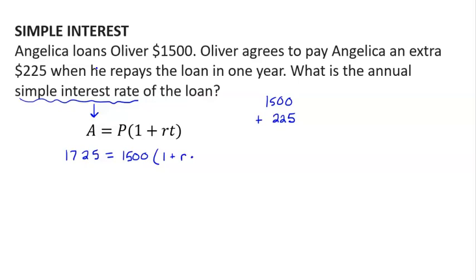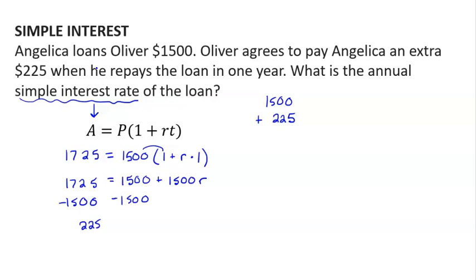And remember, for this, time is years, and this is after 1 year, so times 1, which is just going to be R. And then we've got 1725 equals 1500, if we take this, right? And then plus 1500 R. And then when we go back and subtract this, it's going to be even clearer when we see it written like this.